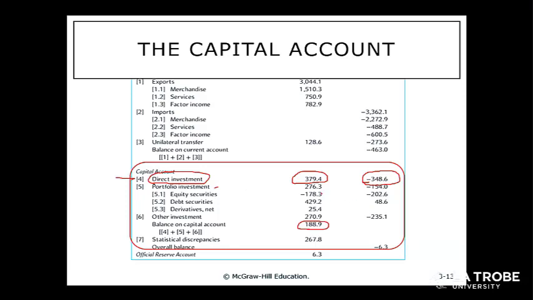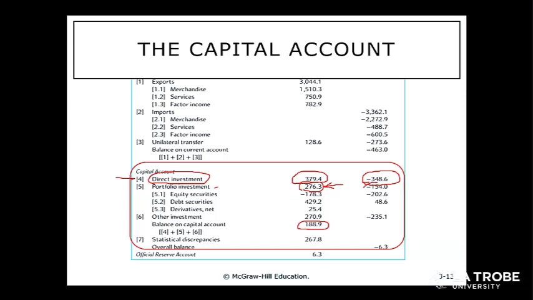Portfolio investment, so similarly, these are investments outside or inside the country, but in terms of financial assets, right? So you're buying shares, you're buying bonds, so on and so forth, okay? So $276 billion means that foreign investors buy financial assets in the US for this amount, right?